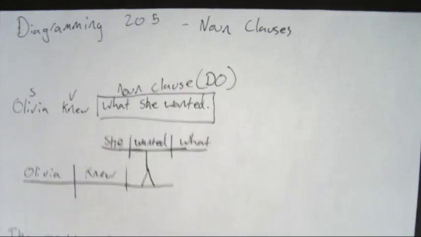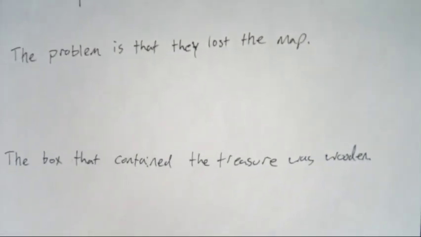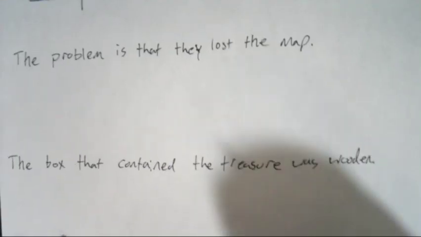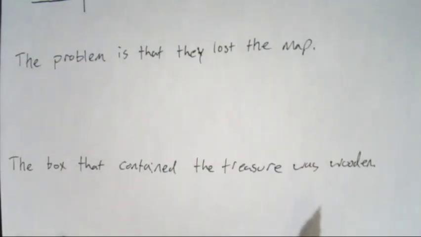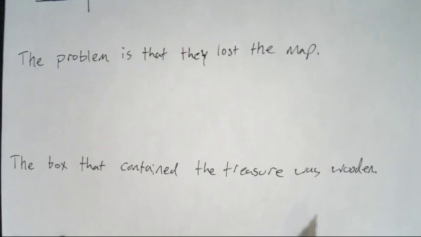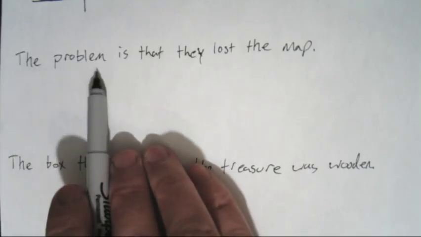Let's see another one. The problem is that they lost the map. All right. Well, I can already see that we've got a noun clause here, right? As we have, the problem is going to be our subject.